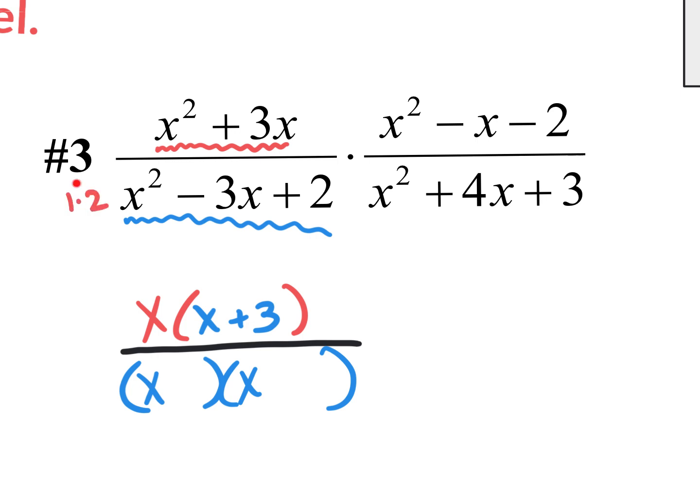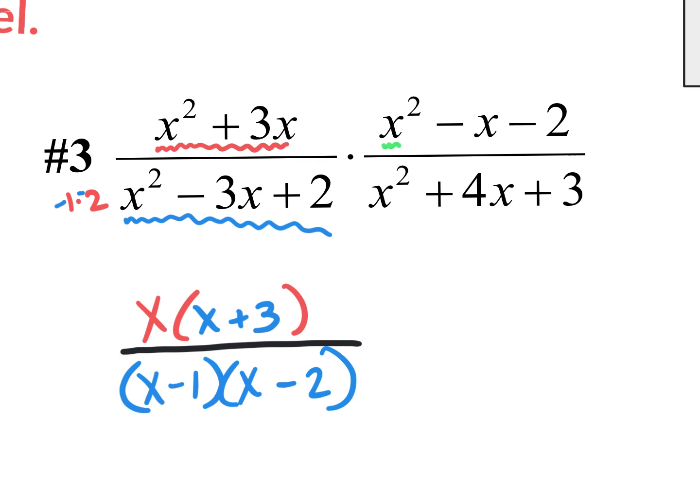And if you add those two together, that'll give us a +3, and we want it to be a -3. So we have the right numbers, just the wrong sign. So change both of those signs to a -1 times a -2. So we have factored the first fraction. As you can see, nothing cancels right there.